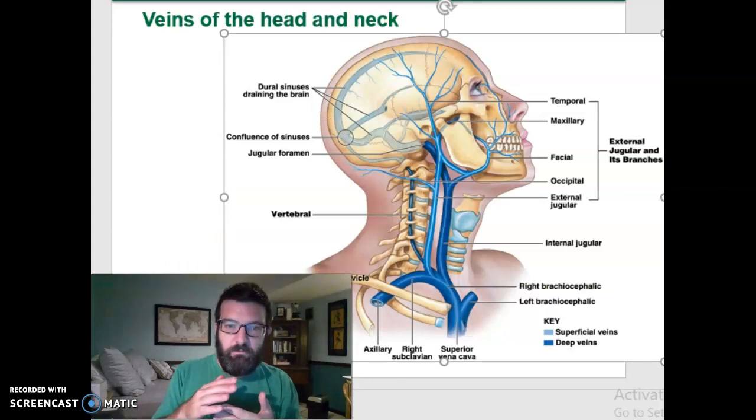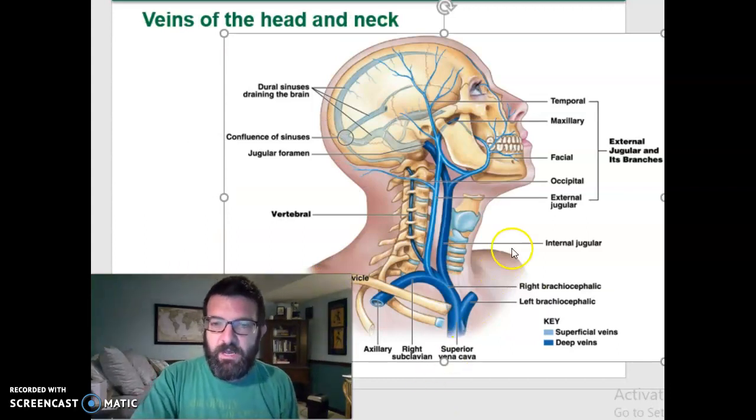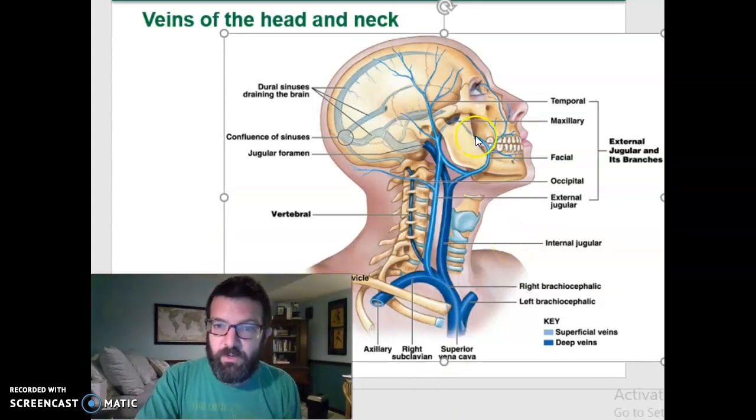Now we're flipping again and looking at the veins, and now we're draining the head, right? And we have all of these veins of the head, temporal, maxillary, facial, etc., occipital. They all come together into the external jugular, which drains the outside of the skull and stuff.